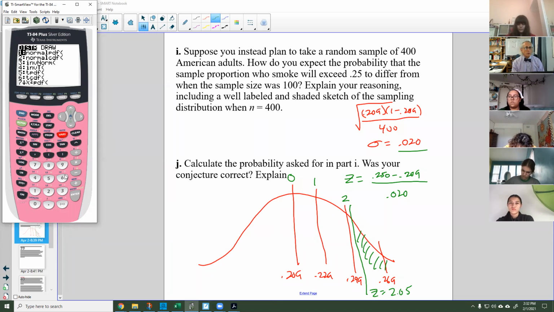Second distribution, normal CDF. The z-score I came up with was 2.05. Don't do that, Mr. Jenkins.